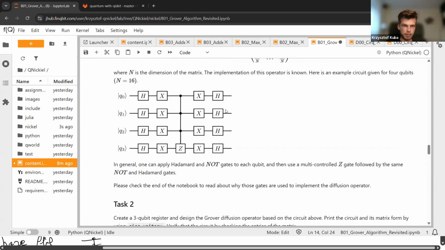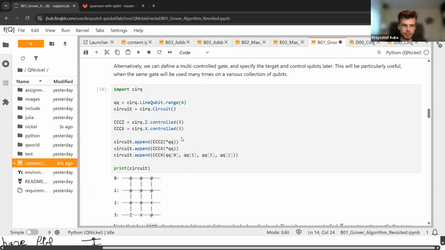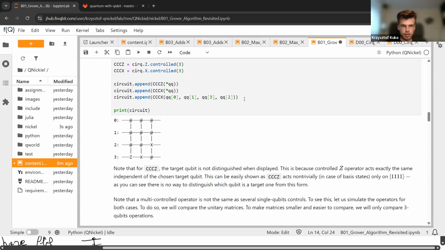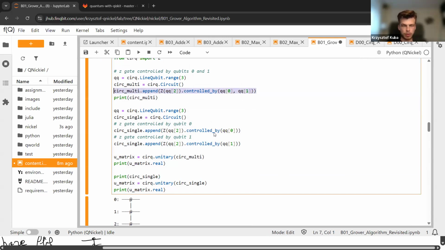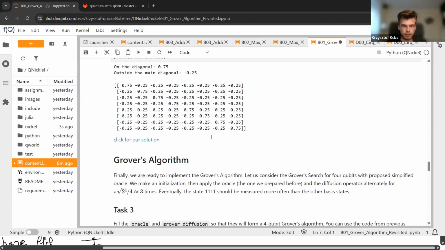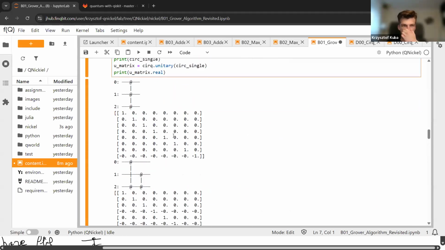Just by copy pasting, because it's faster, right? So here we have this multi we would like to get, but this multi is also, I think, for free gates.